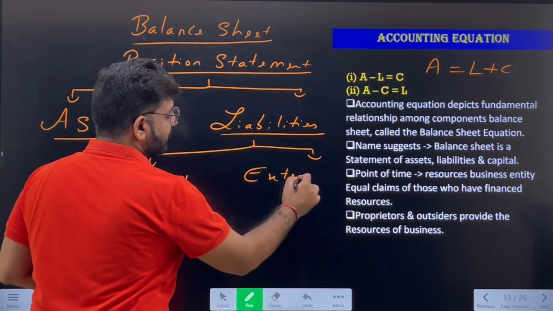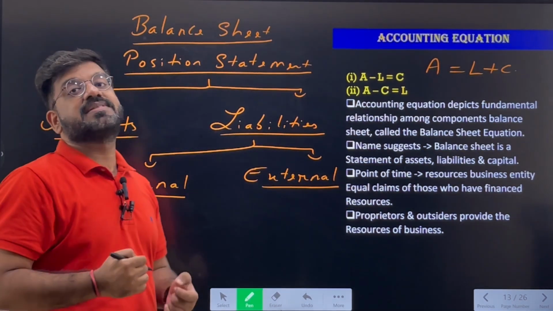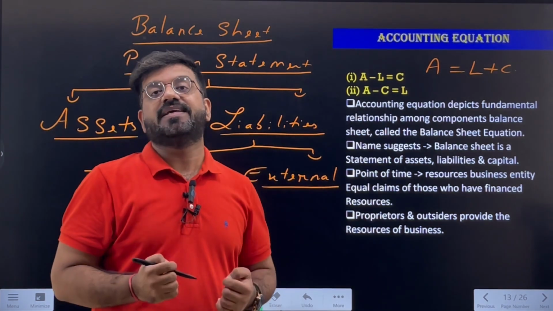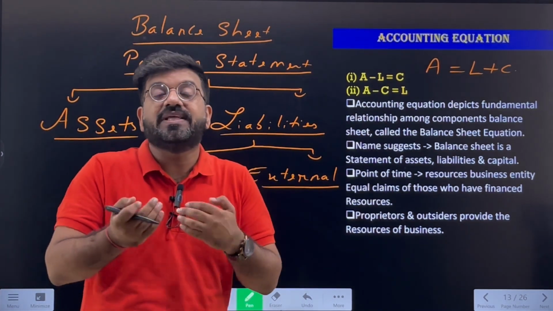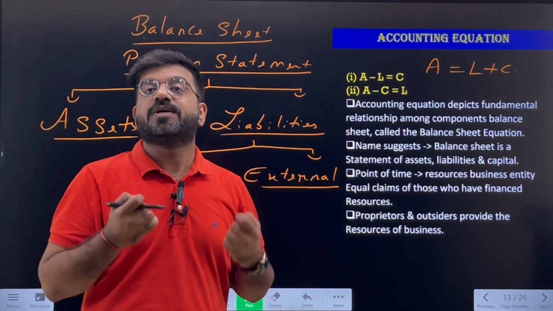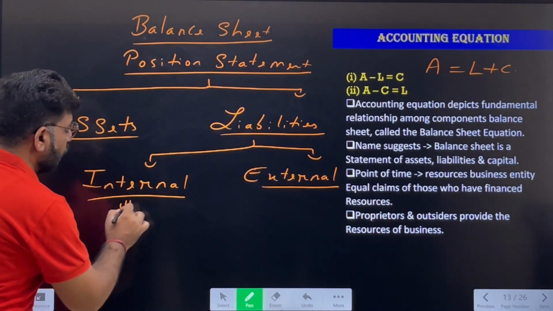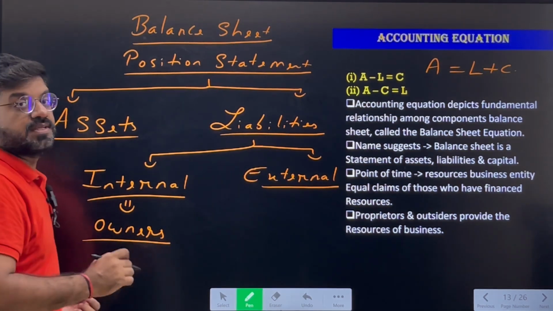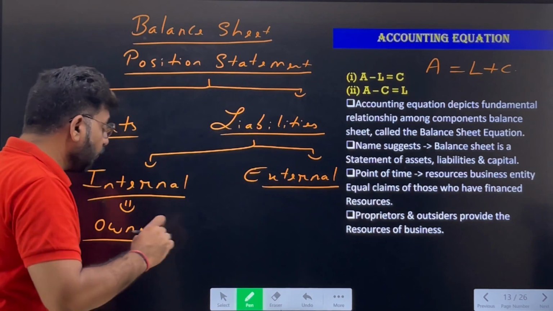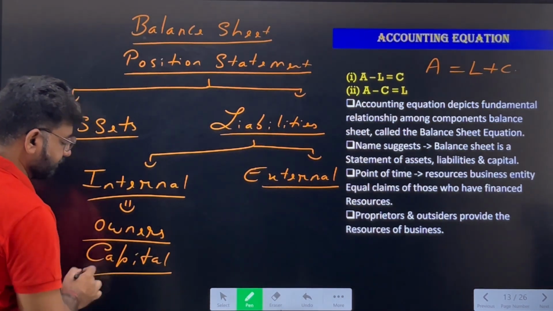Now the question arises, what is the meaning of internal and external? As the name suggests, internal liabilities is the amount of liability which a business owes to the internal persons. Now the question arises, who are internal persons? The internal persons are basically the owners. So the amount owed by the business to the owner in the form of capital is known as the internal liability.